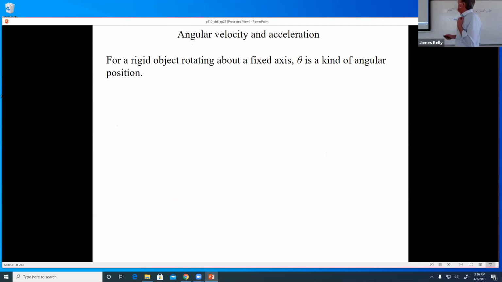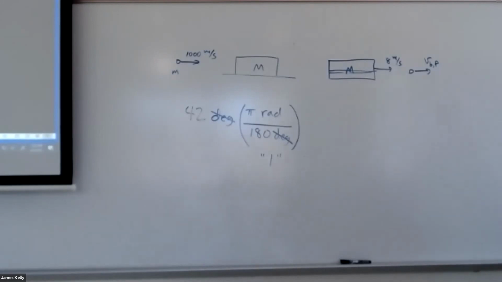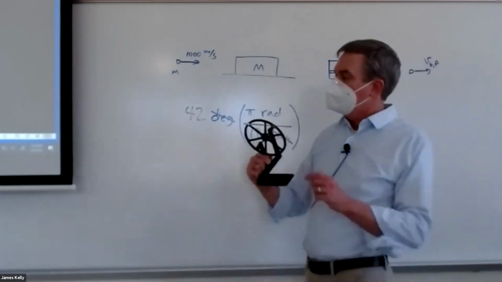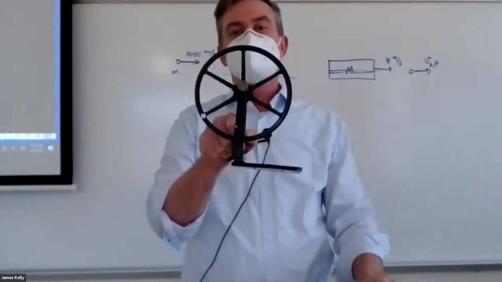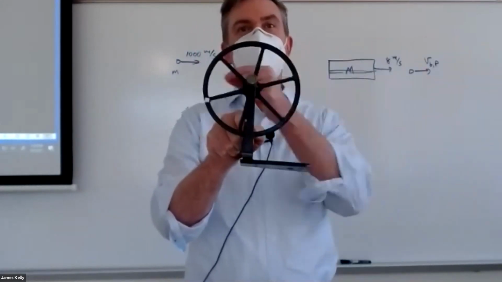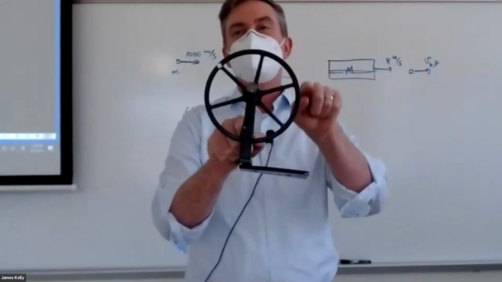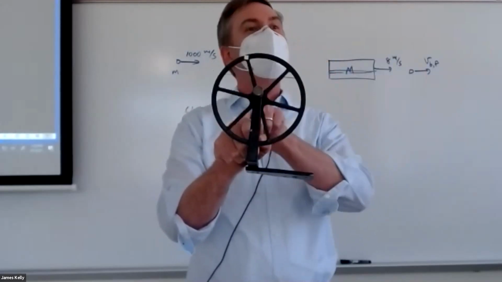Okay, now, theta is kind of like position. In other words, back when we were talking about motion in 1 dimension, we would say, we're going to measure our position on the x-axis by x. In the same way, we might consider looking at this rotating wheel and saying, I've got a little white point marked on the wheel, and as time goes on, just like something might move along the x-axis, this white point, instead of moving in x, is moving in angle, theta.